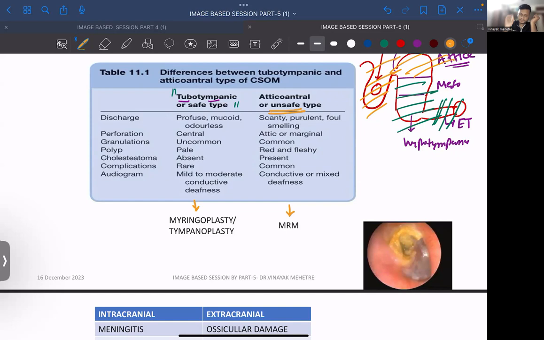What will they write in the question? The patient will present with scanty foul discharge. The patient has ear pain, scanty foul discharge, with Kernig and Brudzinski sign positive. What is the diagnosis?